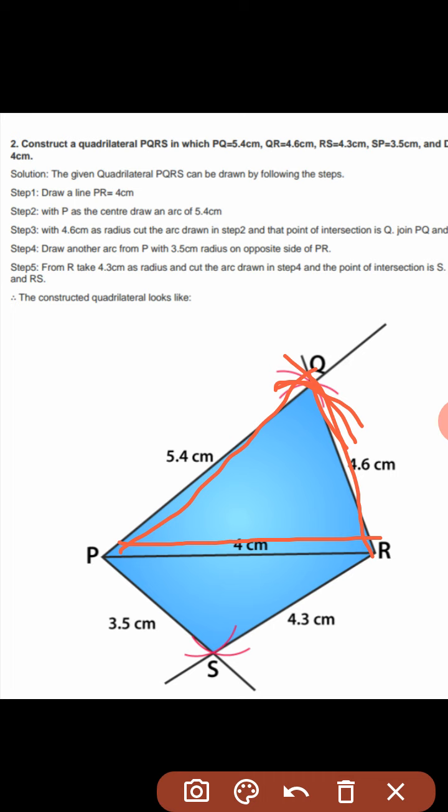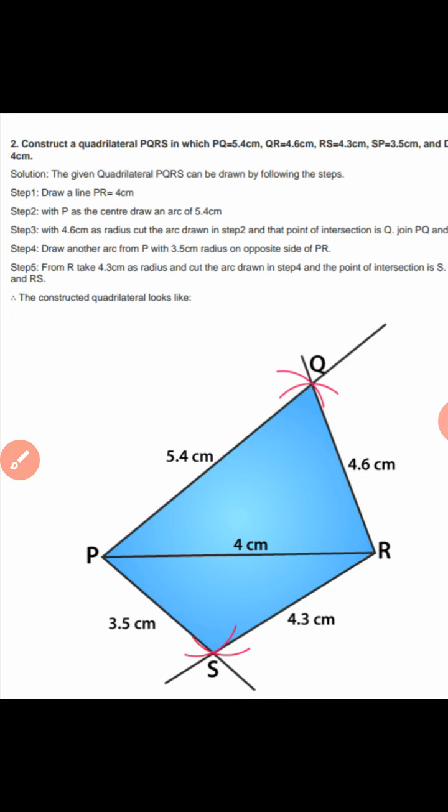So from point P we cut an arc of 3.5 centimeter, and from point R we cut an arc of 4.3 centimeter. Then we can join these two lines, that is PS and RS. So in this way we can complete this quadrilateral.